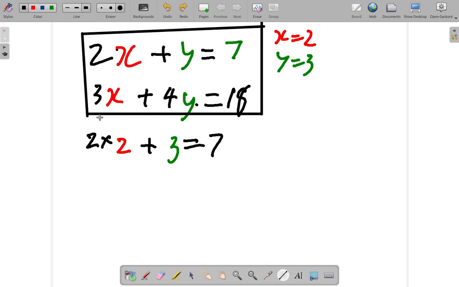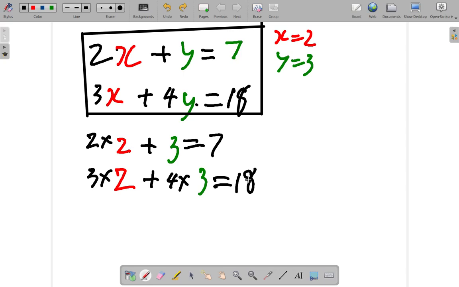All right, 3x. So we have 3 times 2, plus 4 times y, which is 3, and that gives you 18. 3 2's are 6, 4 3's are 12, 12 and 6 is 18.